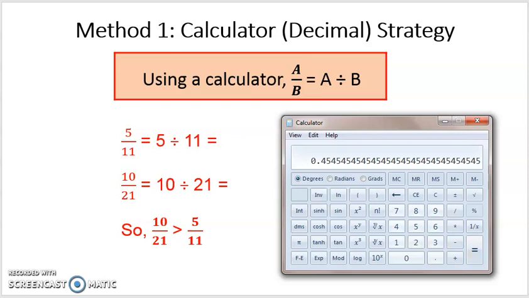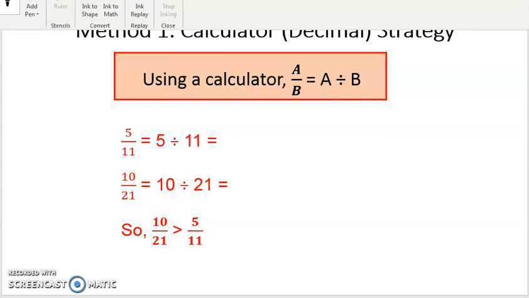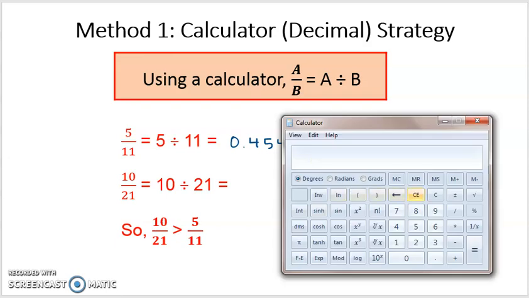Okay, so let me go get my pen. 0.45 repeating.